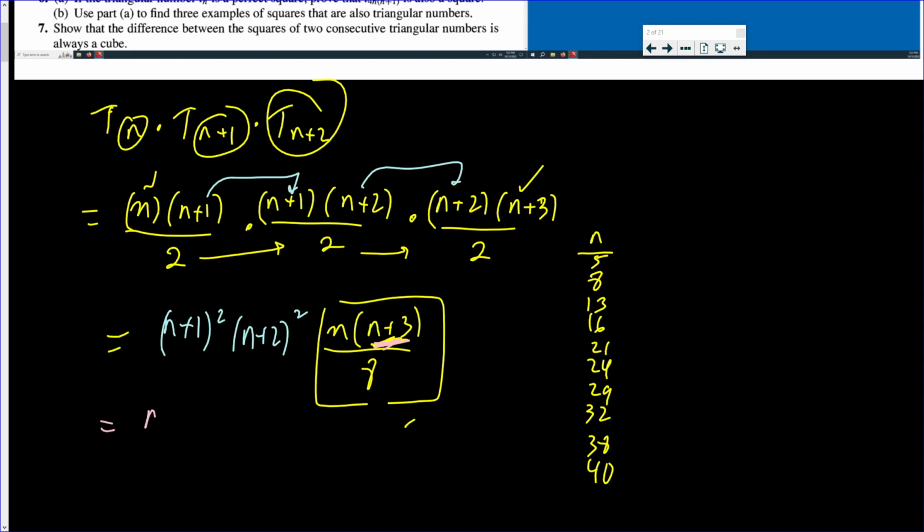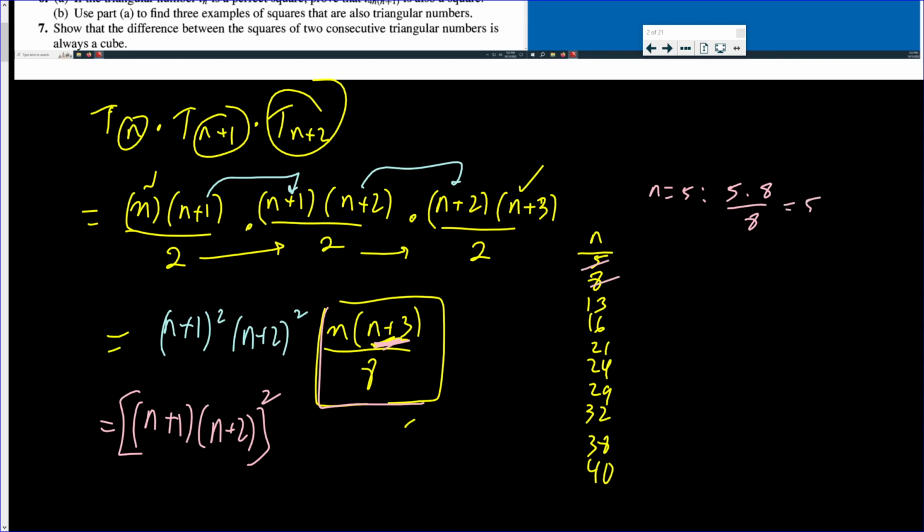Now, just for completeness, this is n plus 1 times n plus 2 all squared. I need for this to be a square. Well, if n is equal to 5, I get 5 times 3 more over 8. That's 5, no. If n is 8, I get 8 times 3 more over 8. That's 11. If n is 13, I get 13 times 3 more over 8. That goes in 2 times, that's 26.